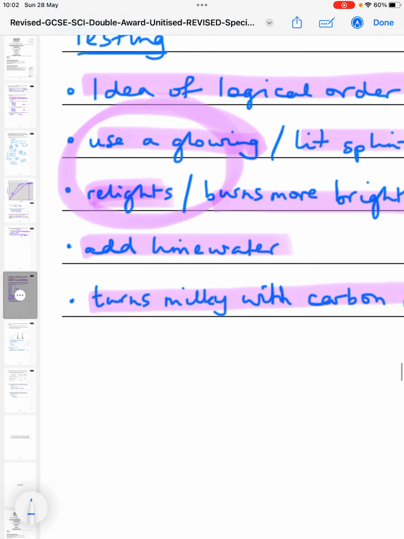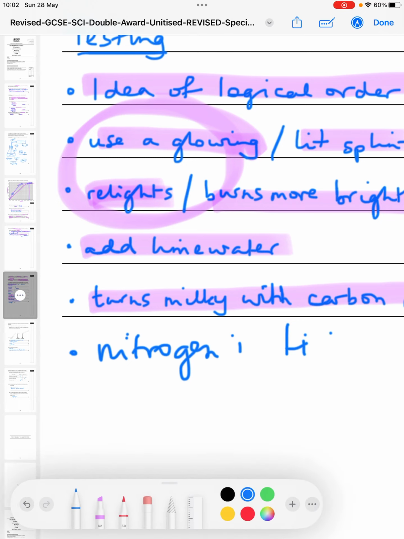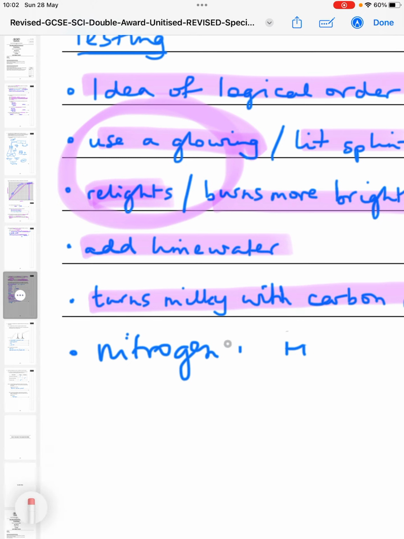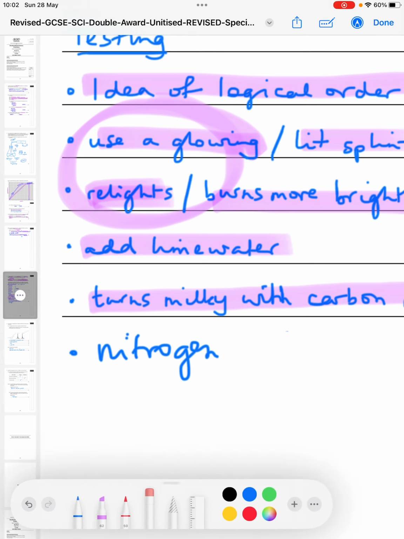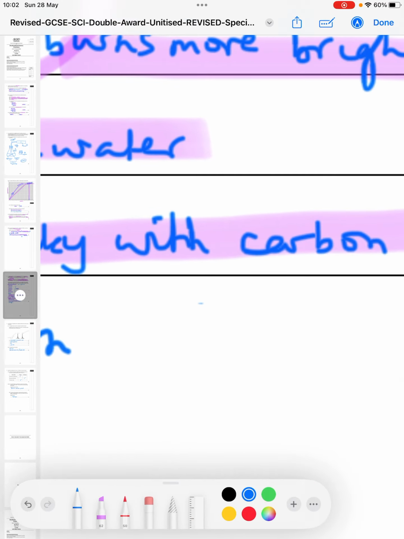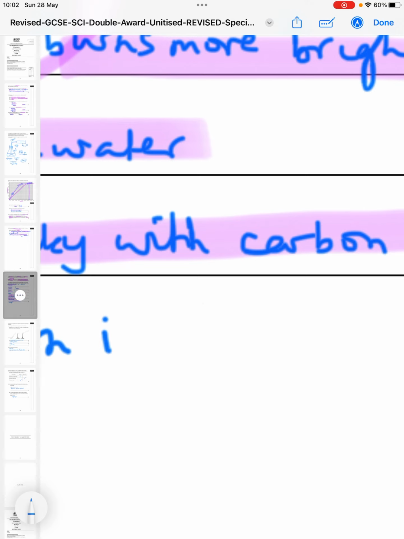I just haven't written in the last bit here, which is that nitrogen is identified by default.